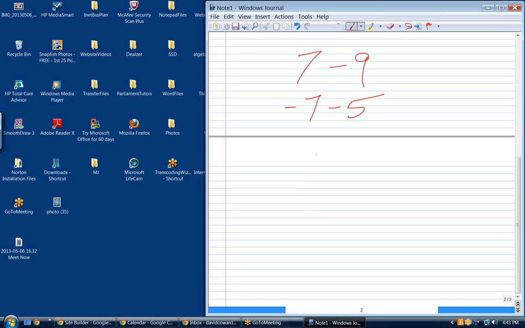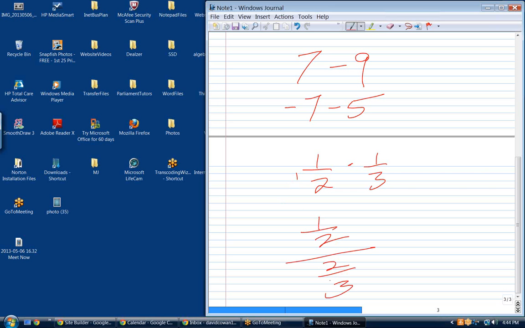Good. Multiplication? 1/6. One-sixth was correct. How about this one?